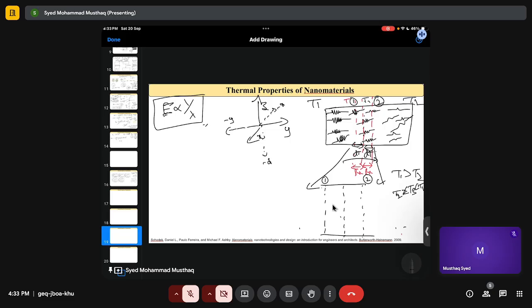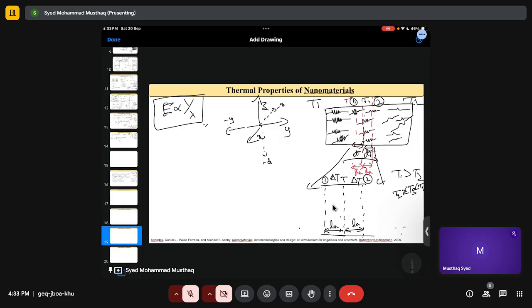Now this is a temperature T. What is the change in temperature from here to here? That is delta T, and from here to here, that is delta T. So far so good. There is a change in temperature from plane 1 to plane 2. Let's say these are at the same distance, Lx, Lx.